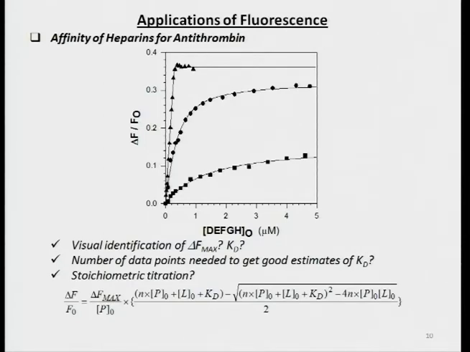In that case, the effective concentration of the protein is 2 times more, very similar to the stoichiometric titration that we discussed in the morning. So the equation can be modified because the concentration of the protein is now 2 times, so it becomes n times p. Not only can we find out Kd, but we can also find out n. Those experiments have to be performed under appropriate conditions.